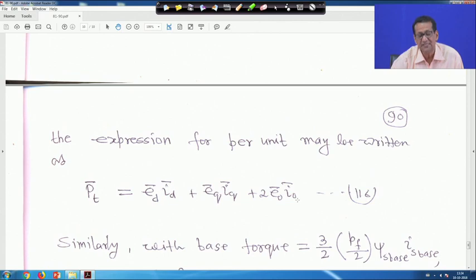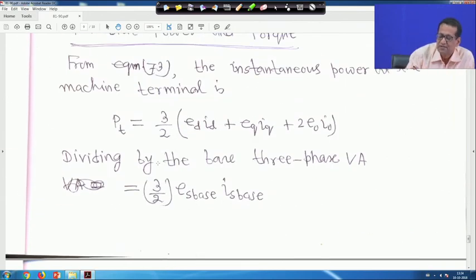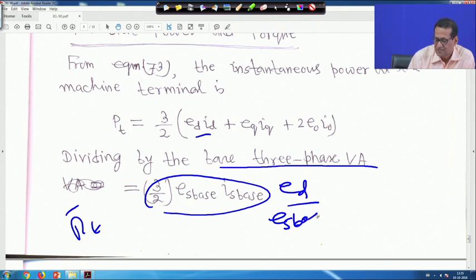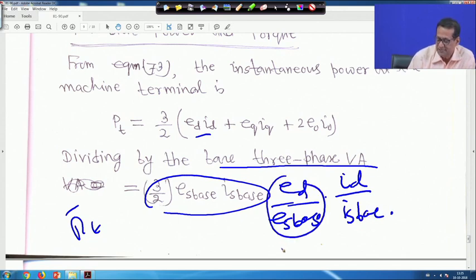So this is writing PT bar is equal to ED bar ID bar plus EQ bar IQ bar plus 2 E0 bar I0 bar, they are in per unit. Because it is power, we divide both sides by the 3-phase volt ampere. The left hand side becomes PT bar, that is PT upon 3 by 2 ES base IS base. On the right hand side, the 3 by 2 cancels, and the first term is ED upon ES base into ID upon IS base, which is nothing but ED bar and ID bar.